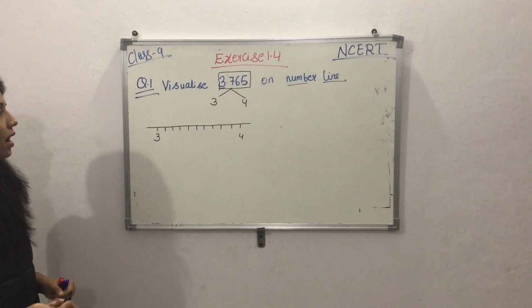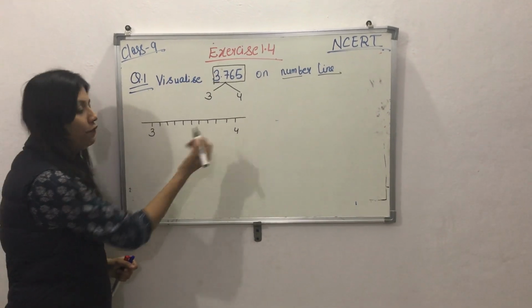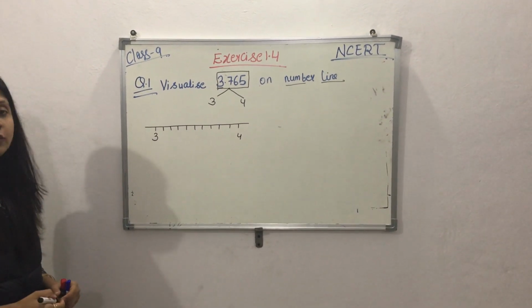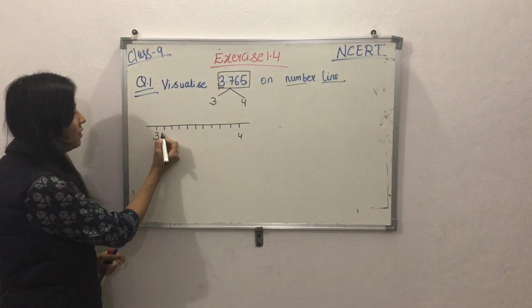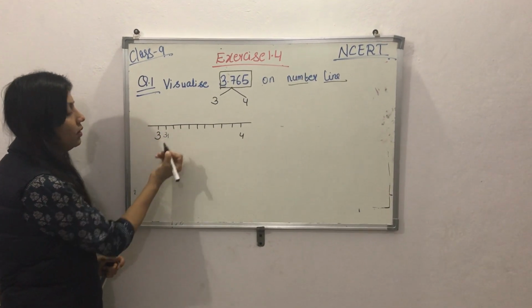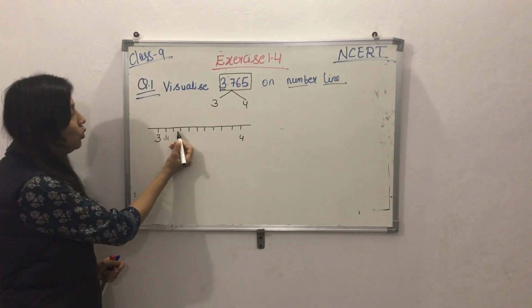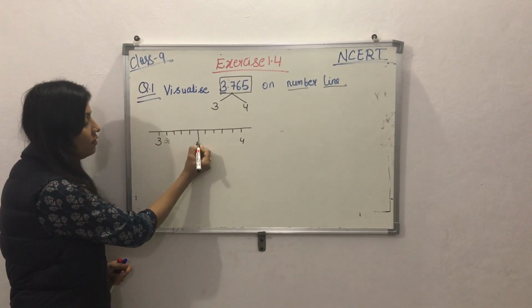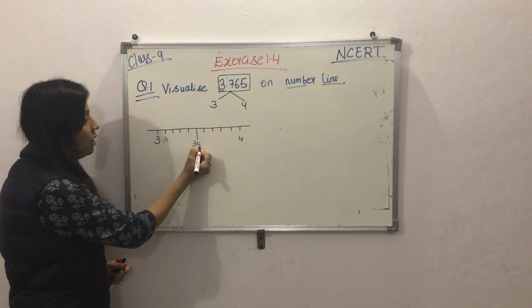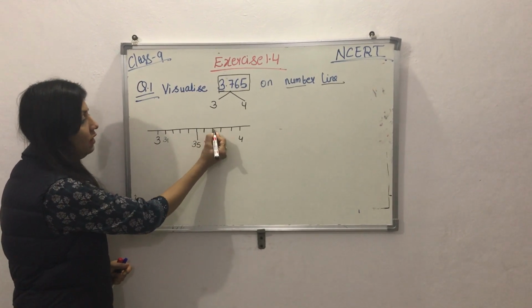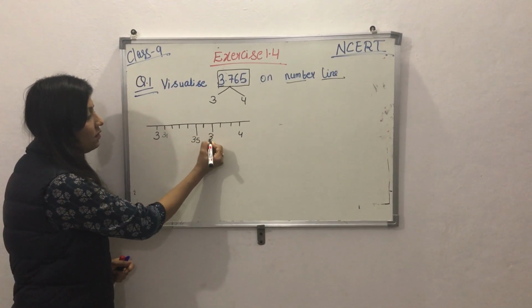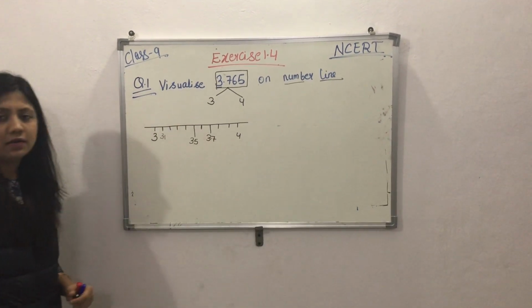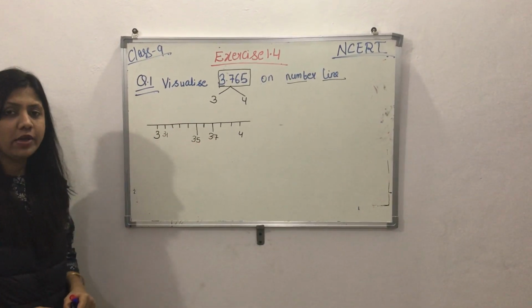So each part between 3 and 4 represents 0.1. It means this is my 3.1, this is my 3.2, 3.3, 3.4, 3.5, this is my 3.6 and this is 3.7.